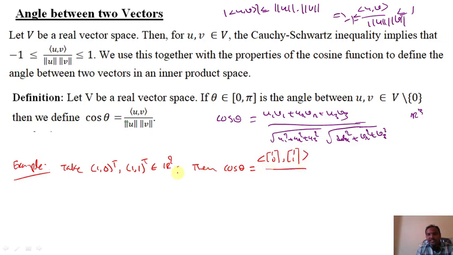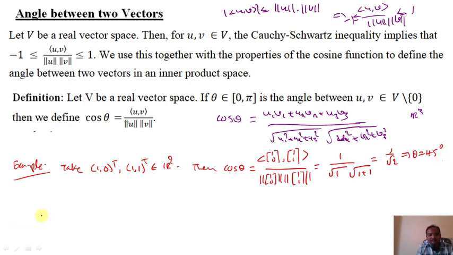It's not mentioned which inner product, so you have to take the standard inner product, divided by the norm of (1, 0) and the norm of (1, 1). No need to write the formula, directly you can take. The standard inner product means multiplication: 1 into 1, 0 into 1, that is 1, divided by the length of the first, 1, and the length of the second, square root of 1 square plus 1 square, so 1 by root 2. Cos theta equal to 1 by root 2 means theta equal to 45 degrees.